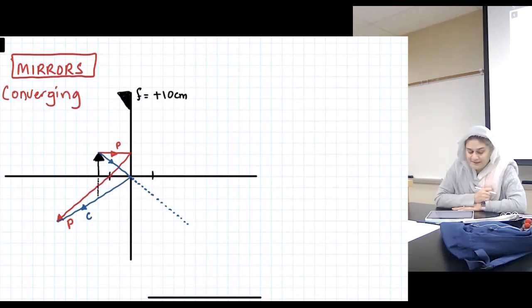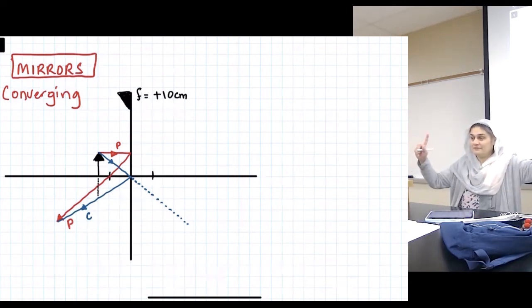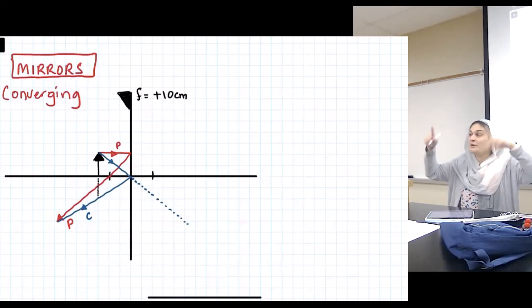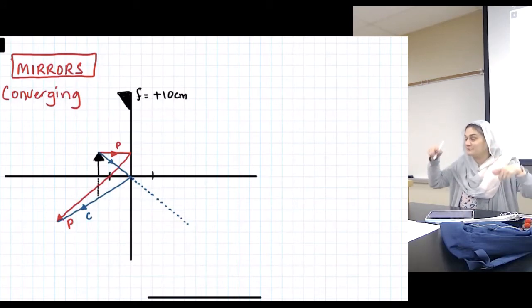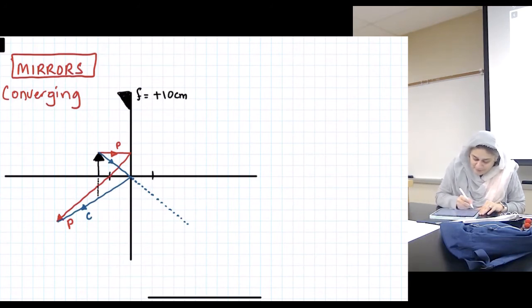Okay, the last one is my focal ray. My focal ray has to go through the focal first, right? Which focal does it need to go through? The one on the left or the right? Good. The same focal. You can't change the focal in mirrors. And remember, the light all has to go this way.